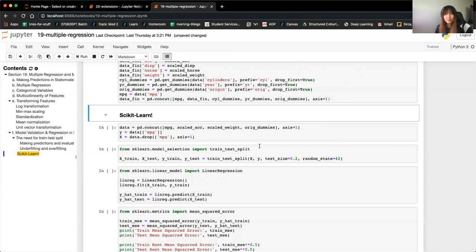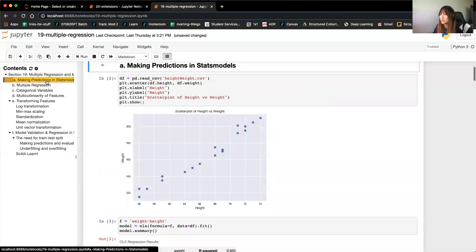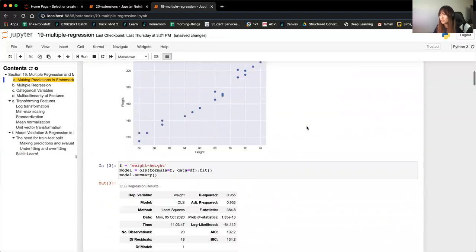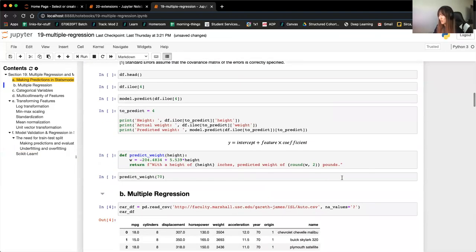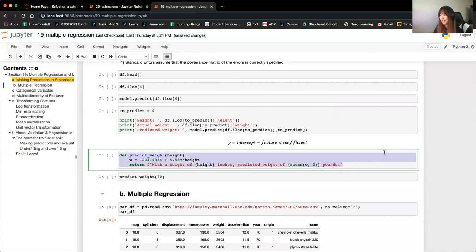If you remember at the top, when I was trying to make predictions with statsmodels, there was no way to make a prediction without first writing this function of predicting weight. The plus side of scikit-learn is you can just feed it in any numbers and it'll give you a prediction, whereas in statsmodels, it wasn't able to make a prediction on an out of sample data point.